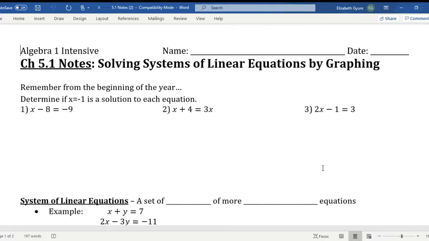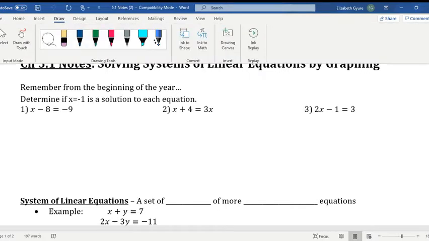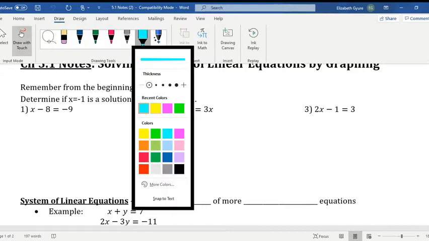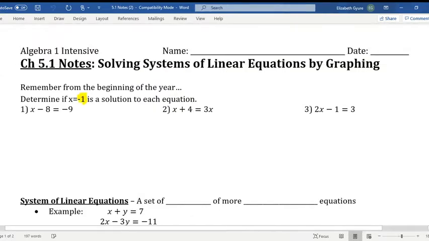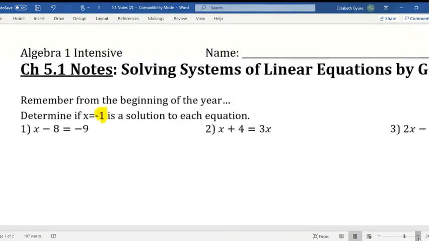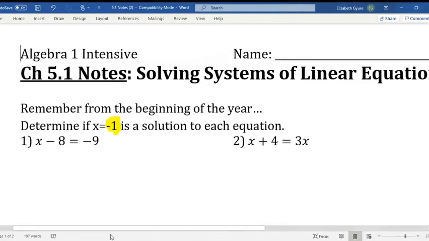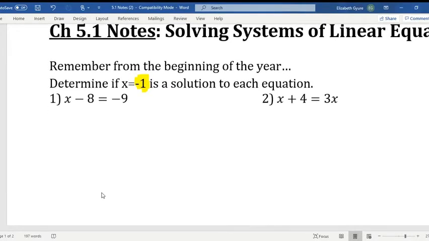You can grab one. All right, so remember from the beginning of the year, determine if x equals -1 is a solution to each equation. So we have the value x equals -1. And then don't we have equations down here? What letter do these equations all have in them?